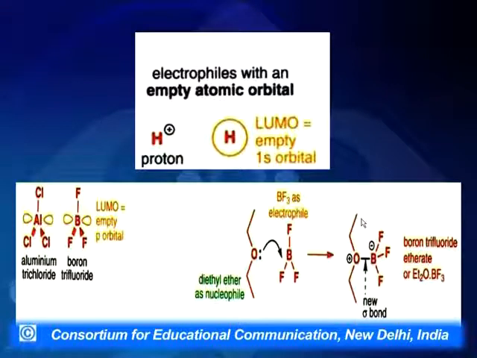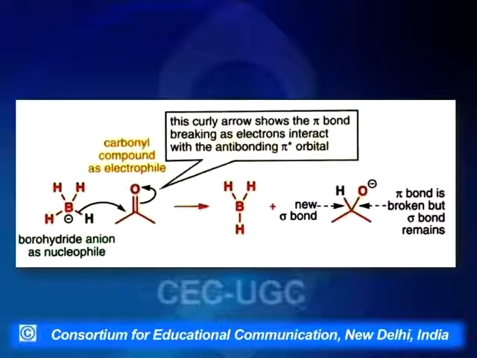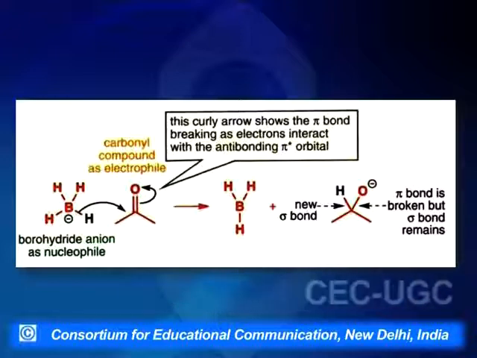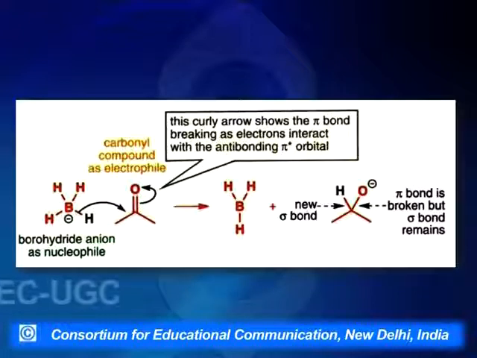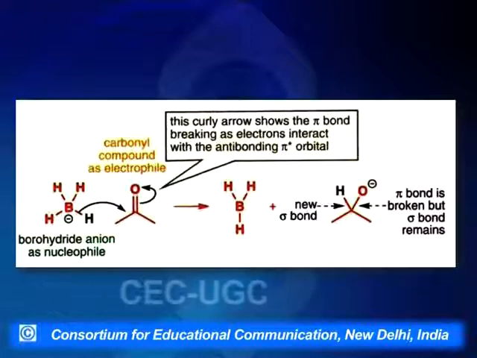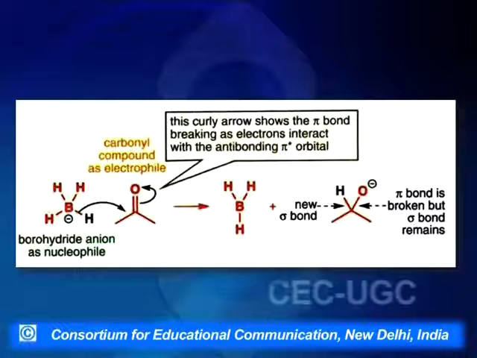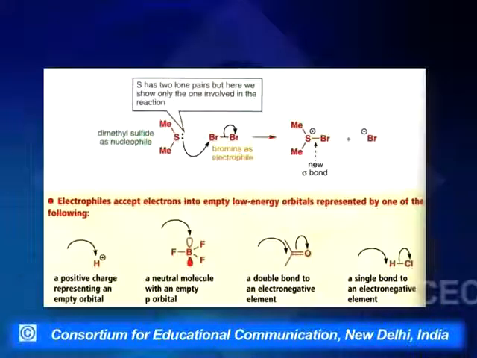So again, flow of electrons from nucleophile to electrophile. Here also we have shown a flow of electrons, that is hydride, from a boron hydride anion to a carbonyl group, forming a new bond.